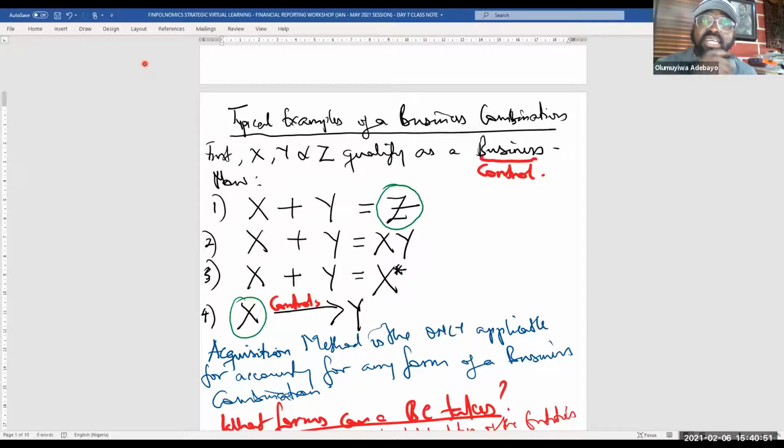Let me give you a practical example. Access and Diamond can also consummate their merger by way of creating a new company totally. And that new company absorbs both Access and Diamond in order to create a new business, so that people are not saying it is Access, they are not saying it's Diamond.